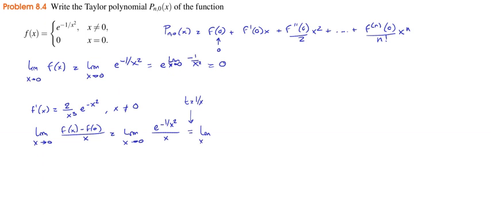So the limit when x goes to 0 is the limit when t goes to infinity. So this is the limit of t times e to the minus t squared, and we know that this is going to be equal to 0, right? Because e to the minus t squared goes to 0 much faster than t. Okay, so the derivative at 0 is 0, right?